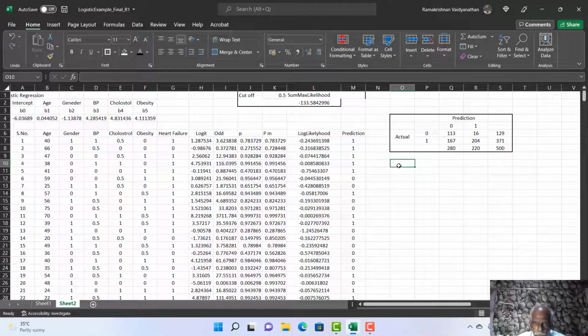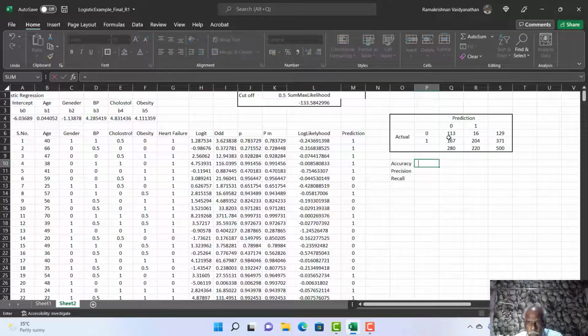Now I will find out accuracy, precision and recall. What is accuracy? Out of the total 500, we have correctly predicted the actual as actual, that is 0 as 0 and 1 as 1 here.